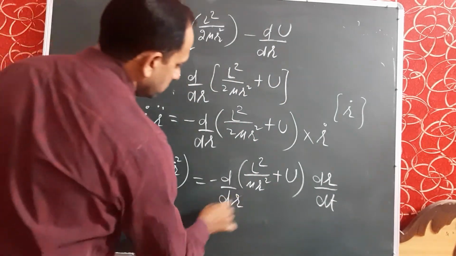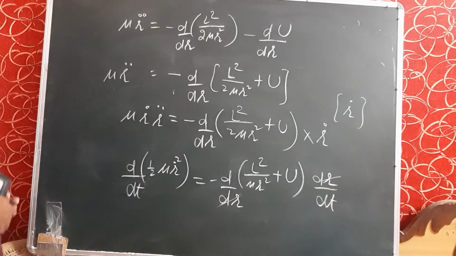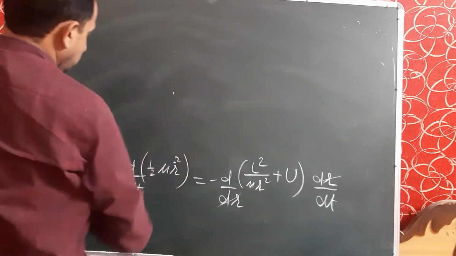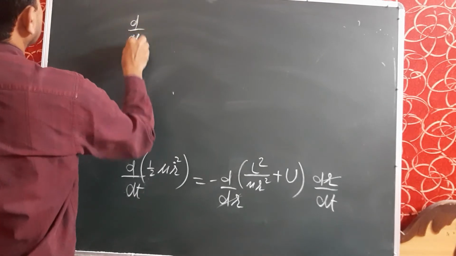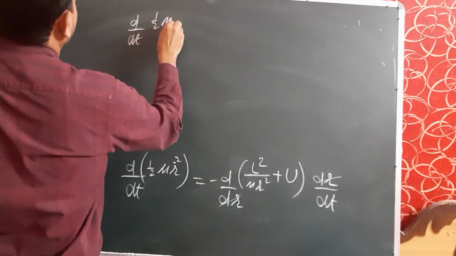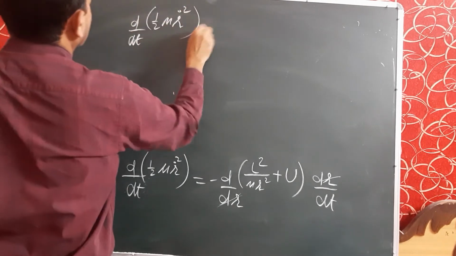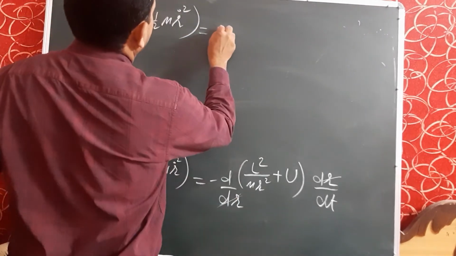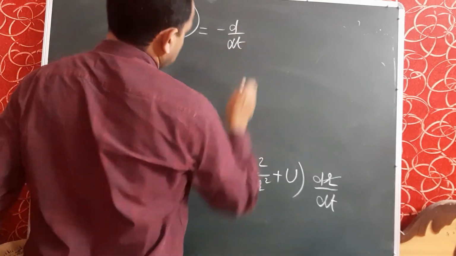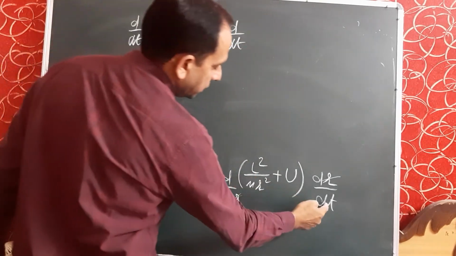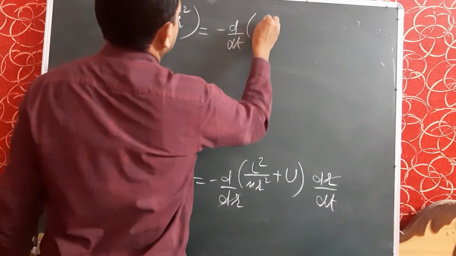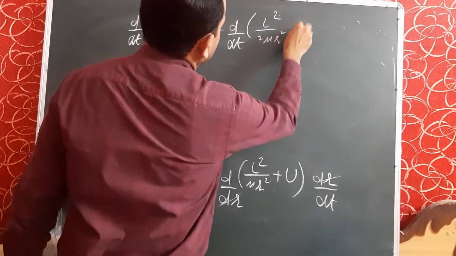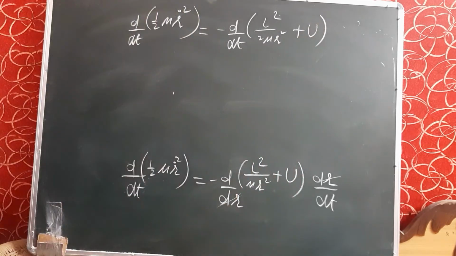We may cancel dr with dr, and we get the final answer: d/dt of half mu r dot square is equal to minus d/dt of L square upon 2 mu r square plus u. Is it clear?